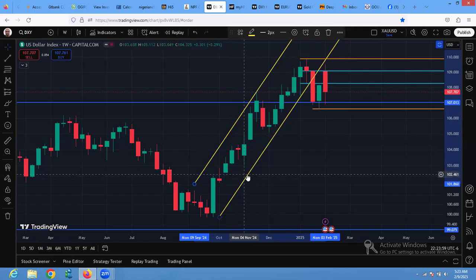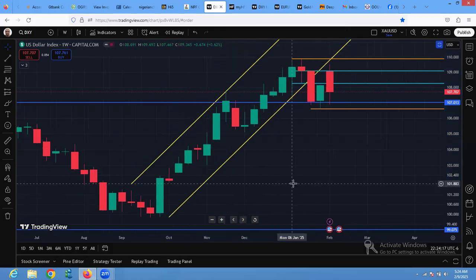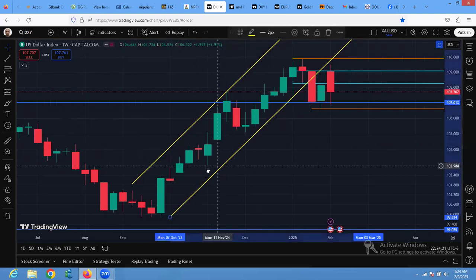If it had come here, we'd say, oh, probably price wants to break down, but price went back, broke beyond that boundary to set a new boundary, and price came back to test this support. Now, if I want to do what I did with the upper boundary of the channel, I could actually bring this also to this point.